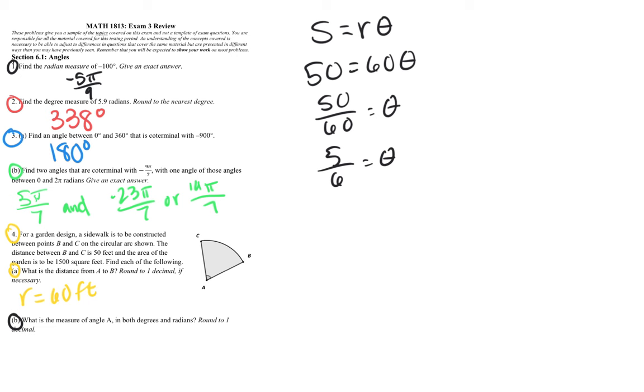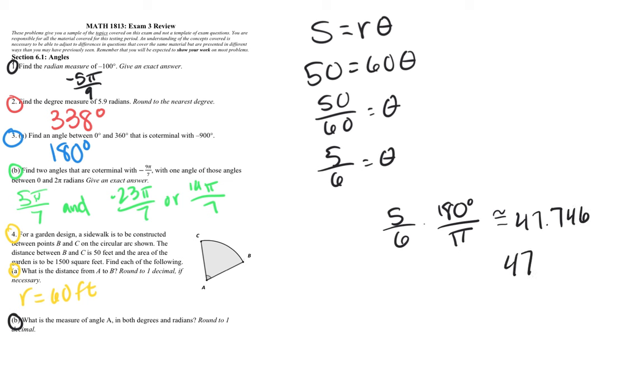And remember, for arc length, our angle is always in radians, so this is the answer in radians, but we need to change that to degrees because we need them both. So we need to multiply 5 over 6 times 180 over pi. Putting that into our calculator, we get approximately 47.746.